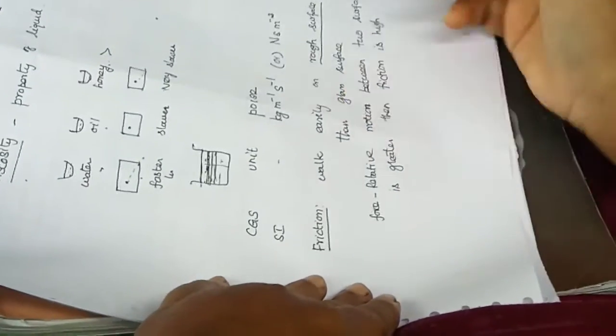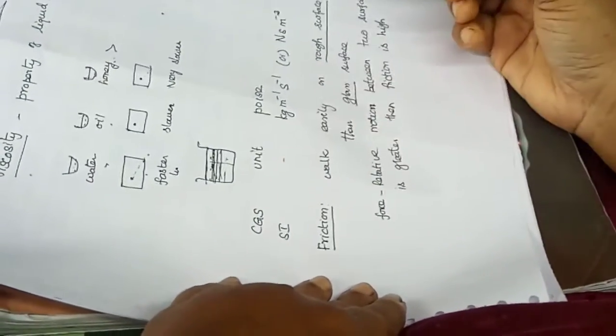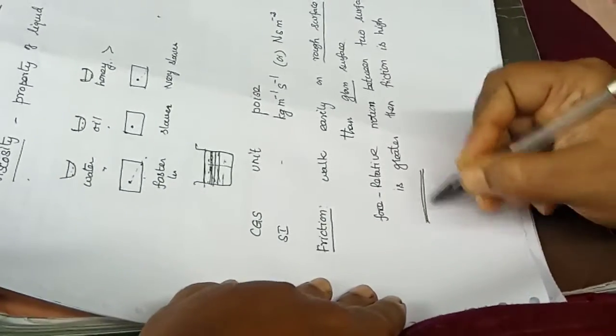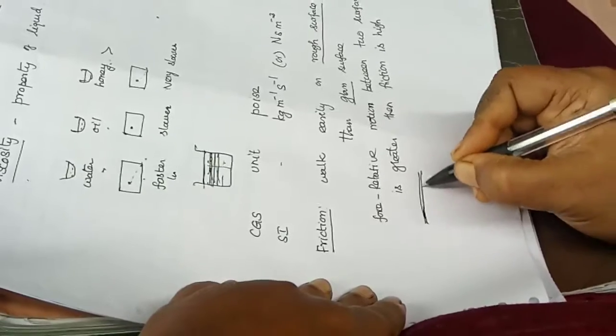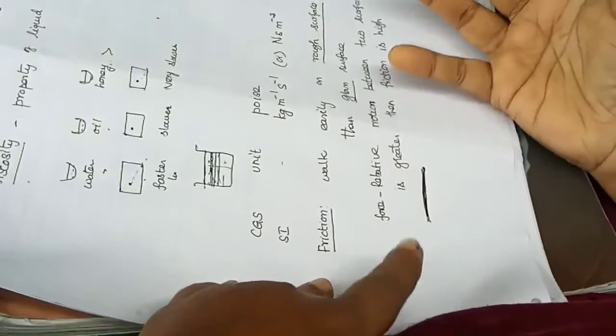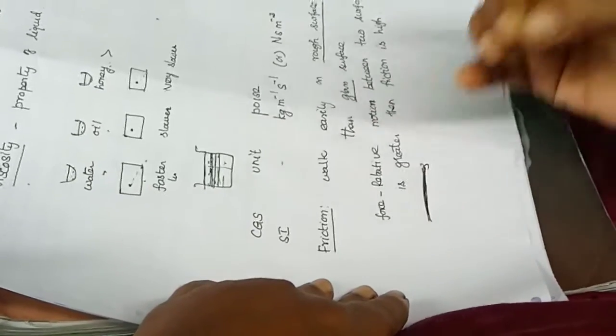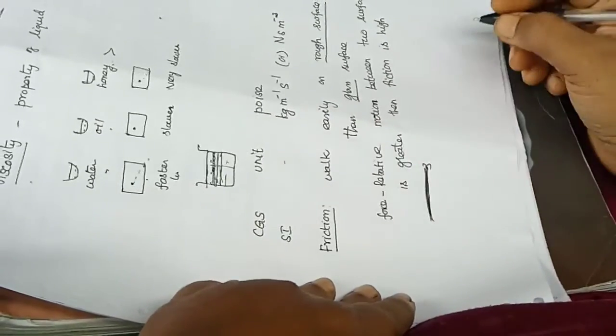But on a polished surface, for example this glass surface, when any two surfaces come in contact, if the surface is plane, there is no force between them. That's why friction is less in the case of a glass surface.